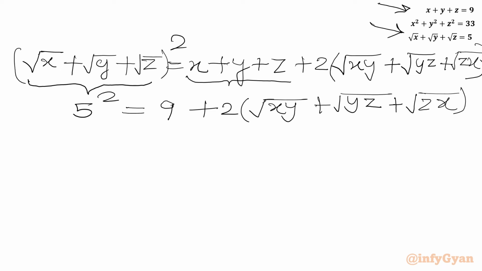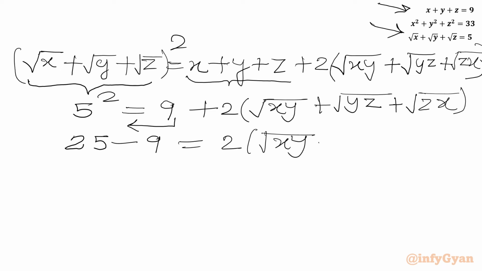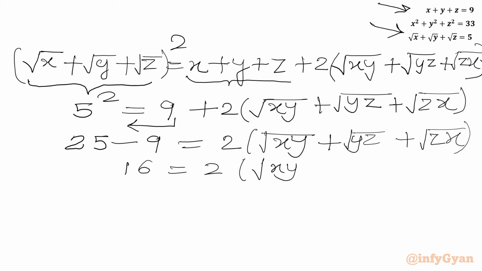Now 5² is 25, and if we take this 9 to the LHS, we can write minus 9 equal to 2 times (√xy + √yz + √zx). 25 minus 9 is 16. So we can write here 16 equal to 2 times (√xy + √yz + √zx).